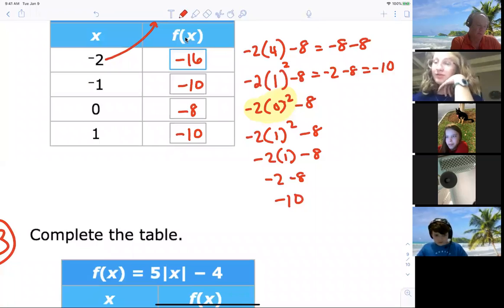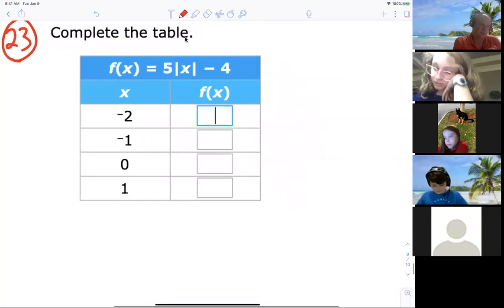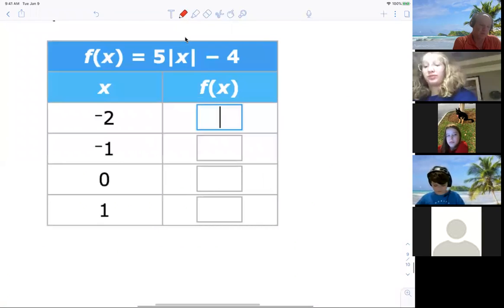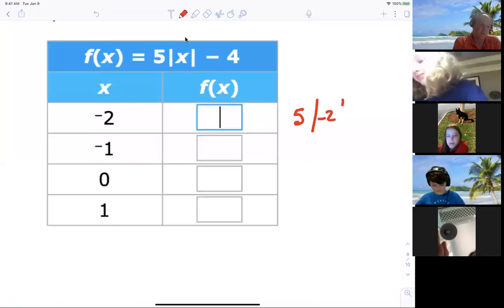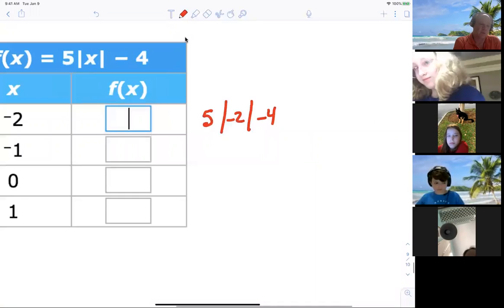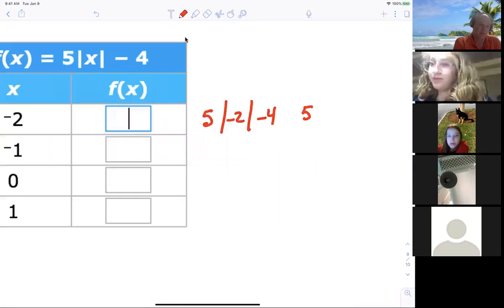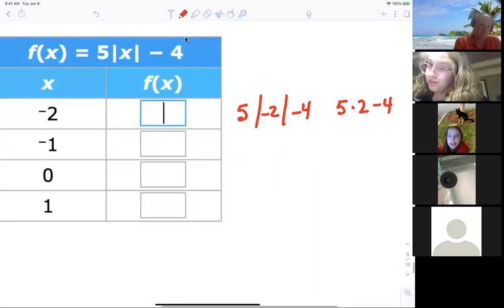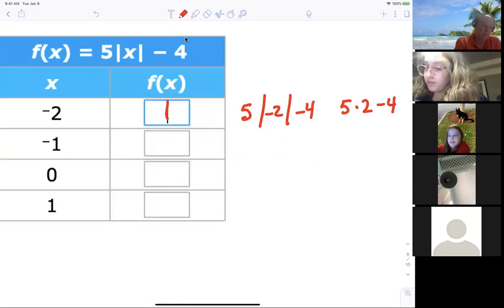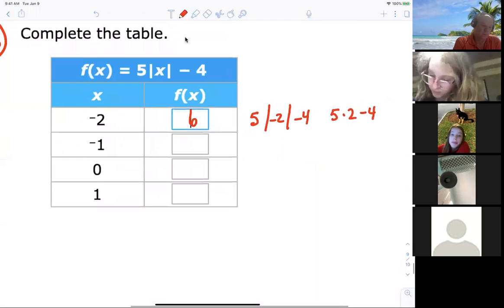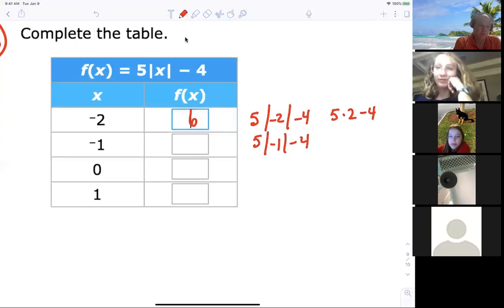All right, here we go. Last one. 5 times the absolute value of negative 2, minus 4. What's the absolute value of negative 2? 2. 5 times 2 minus 4. What's that? 6. 5 times the absolute value of negative 1, minus 4. Come on, think before you say something.